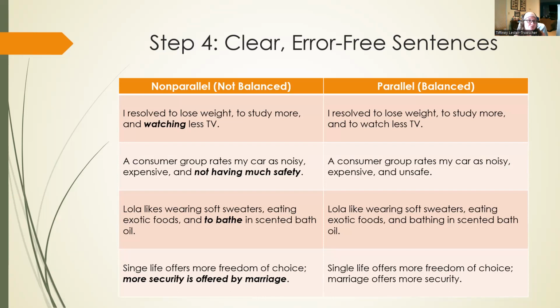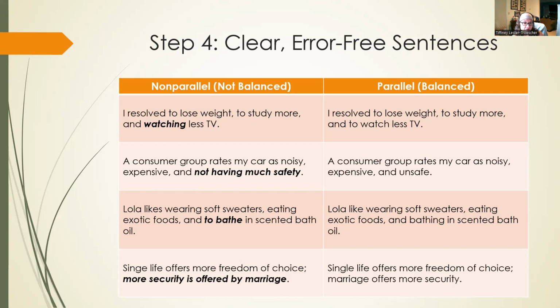Now, do we understand what this sentence is telling us? Yes, we do. There is nothing inherently incorrect about this sentence. However, there are some stylistic issues that disrupt the flow. And it is because we don't have parallel structure. The sentence is not balanced.